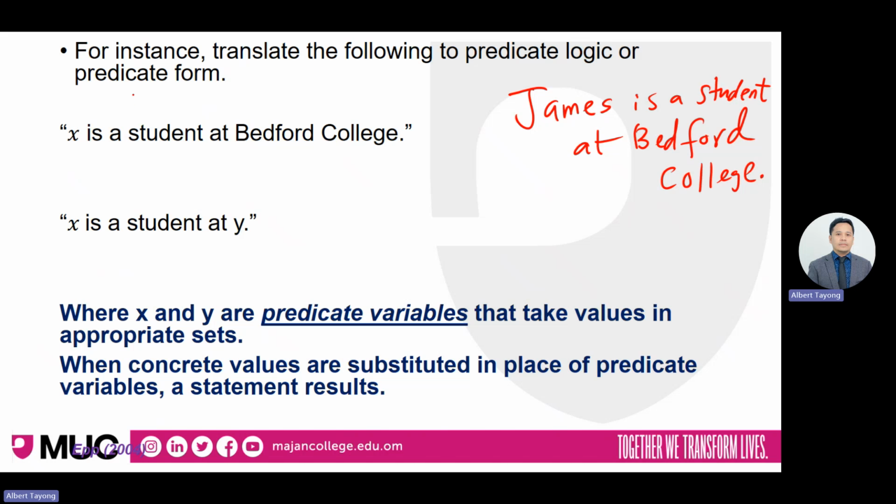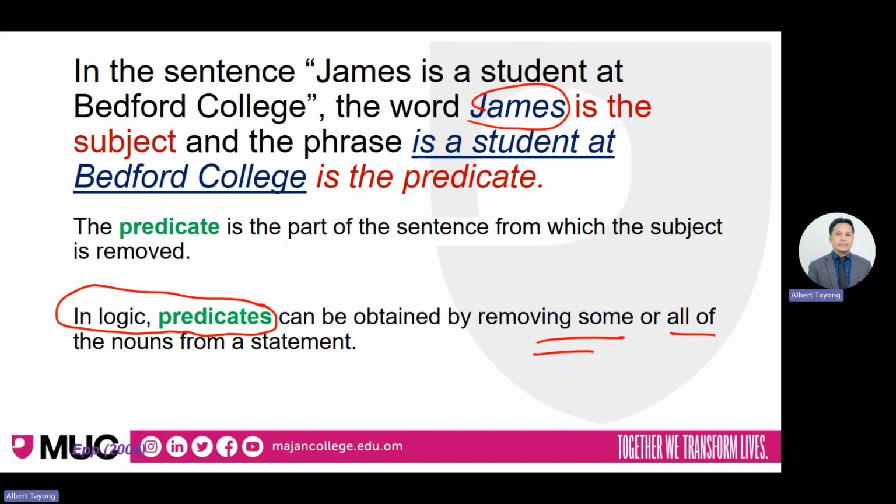Here in the first sentence, we remove only the subject. James is removed. In the second sentence, we remove James and we also remove Bedford College. It becomes Y.